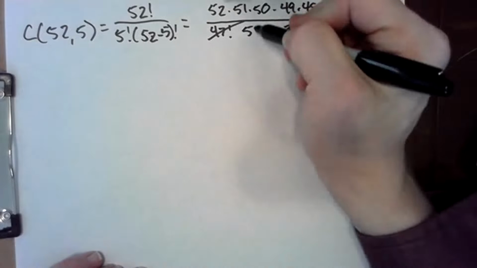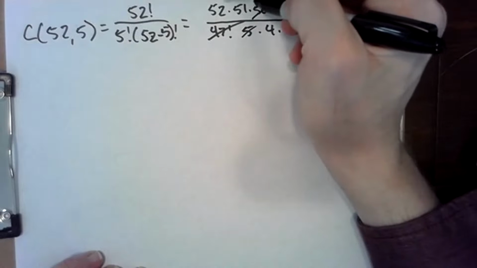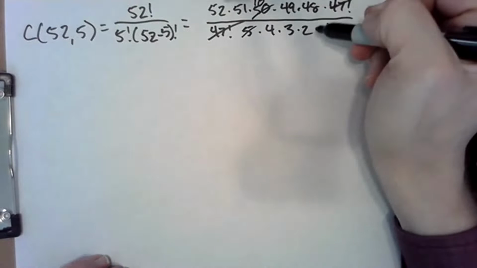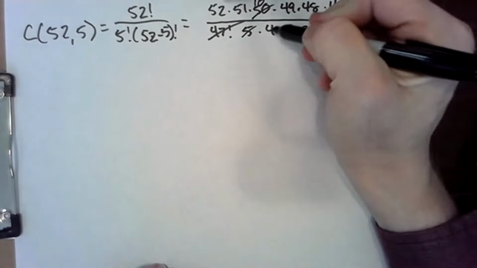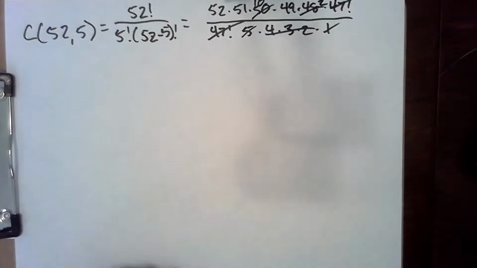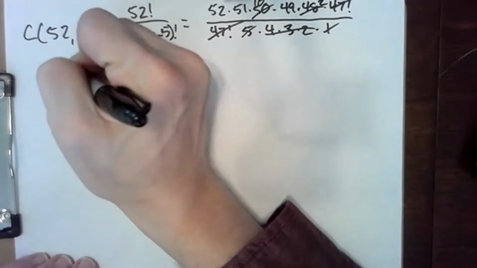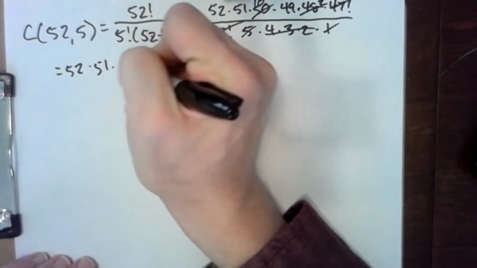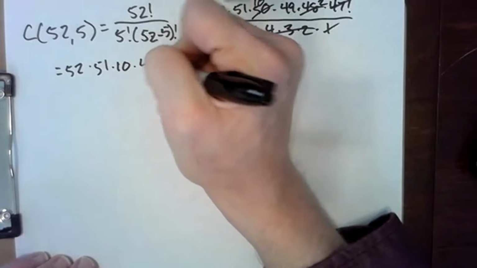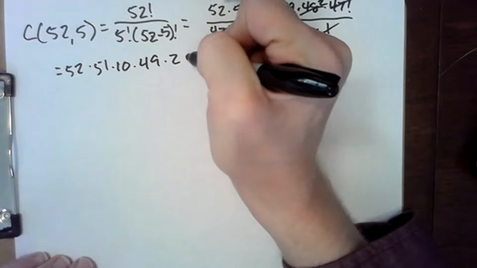I cancel that out. Our 1, we don't have to worry about that. We've got a 5 in our 50, which leaves us with 10 there. We've got 4, 3, and 2. 4 times 3 times 2 is 24. So we can divide 48 by 24 to get 2. Okay, so we're left with 52 times 51 times 10 times 49 times 2.